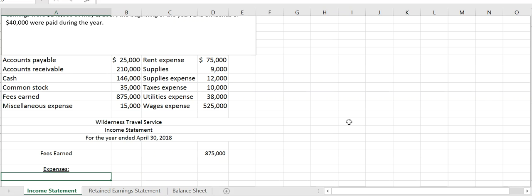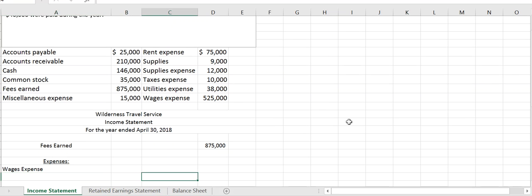So we do have a miscellaneous expense of $15,000, a rent expense of $75,000, supplies expense of $12,000, taxes expense of $10,000, utilities expense of $38,000, and wages expense of $525,000. So our wages expense is clearly our most expensive expense. So we're going to list that one first. Again, it's going to go into our subtotal column since we have more than one expense.